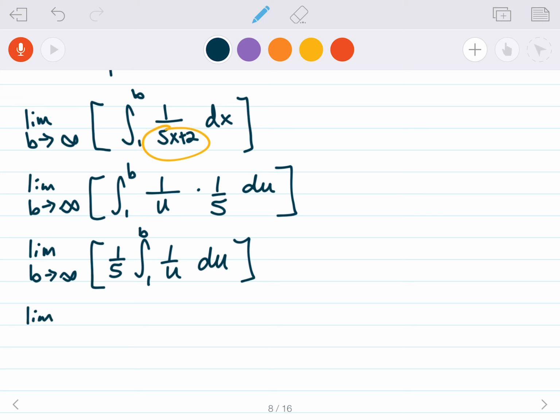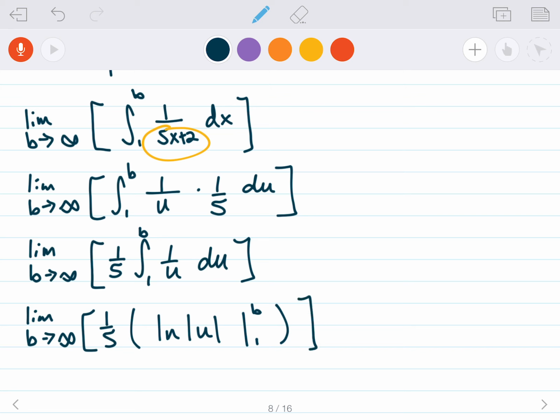So let's write that out. And before I plug my bounds in, I'm going to plug in what u was, which was 5x plus 2. So that's coming in here.